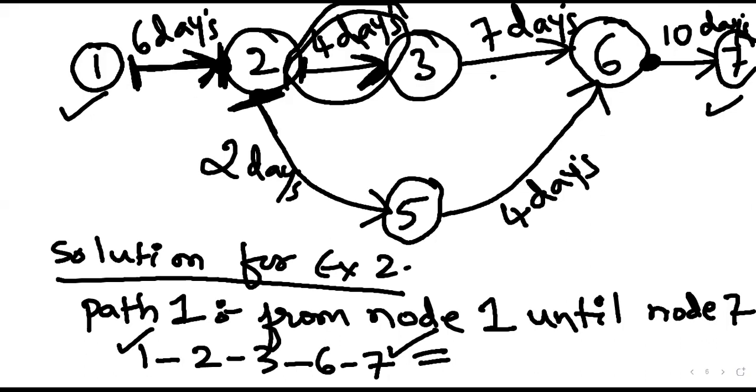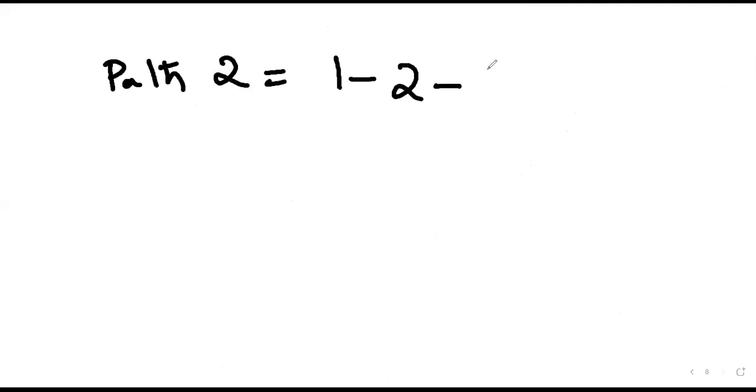Let's see. Path 1 is 1, 2, 3, 6, 7, and path 2 is 1, 2, 5, 6, 7. These are the two different paths. We have not completed the problem yet; we still have to identify the project duration, so we will do it in the next class.